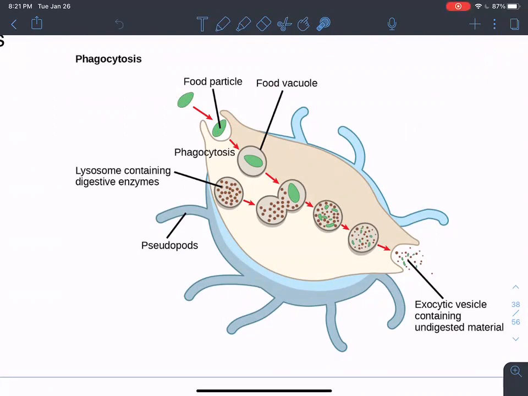So what it does is this invaginates out on the outer membrane of the lysosome and completely engulfs and surrounds that particle, and then buds inward, forming this food vacuole. Okay, a vacuole again is just an encapsulation of something within the cell.